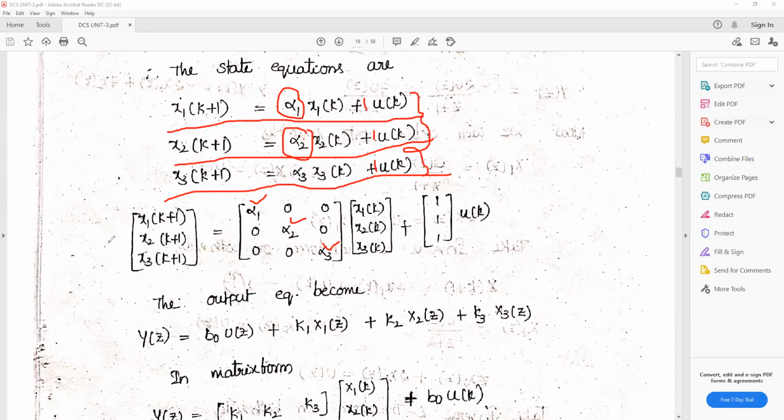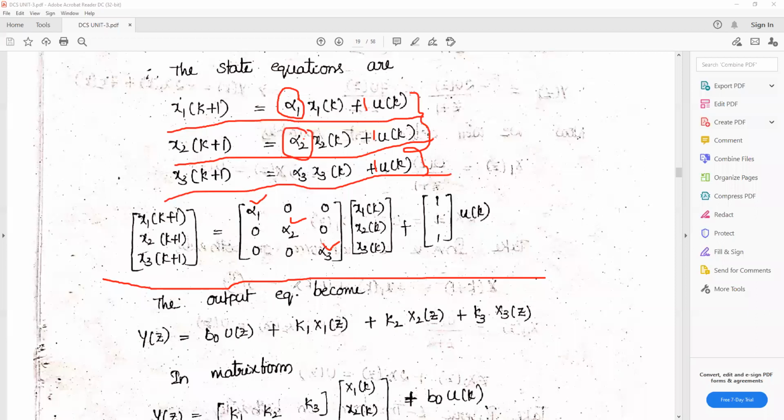These are the state variables or state equations in the given state model.